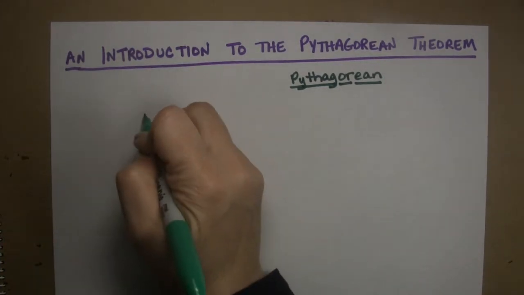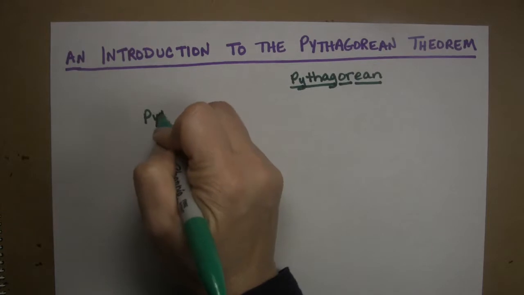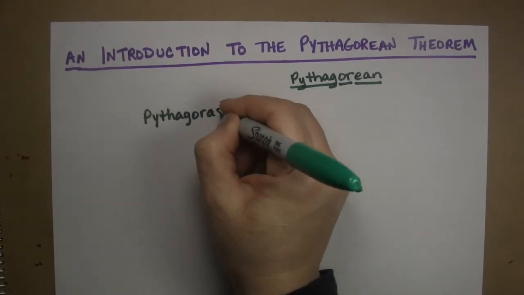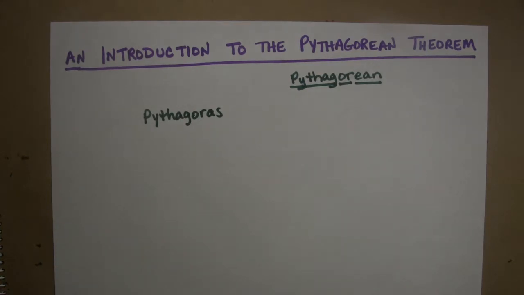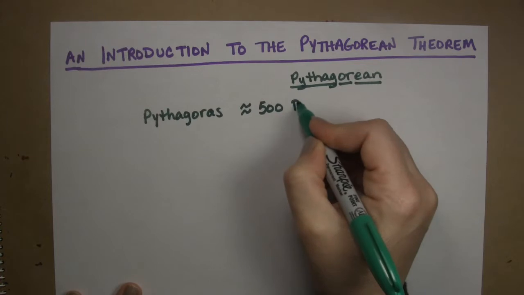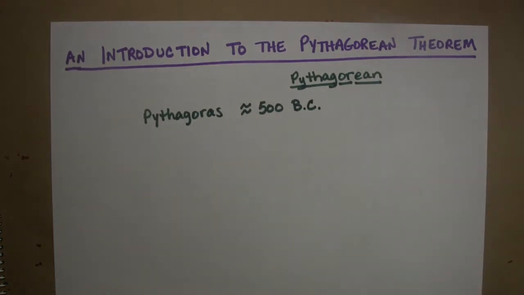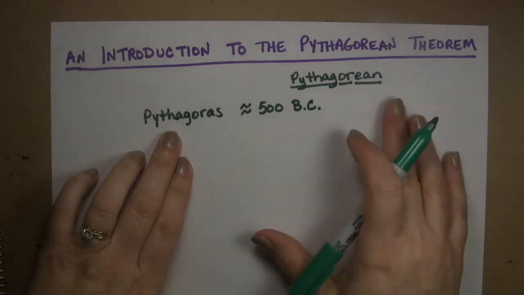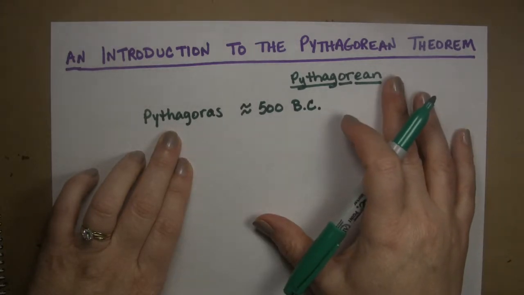And you might be asking yourself, why does it have such a crazy name? Well, there was a Greek guy whose name was Pythagoras, and somewhere around 500 BC, Pythagoras was the first person who proved that this theorem was true.